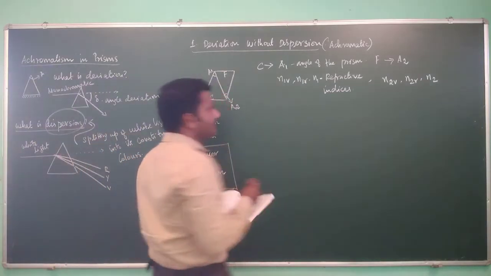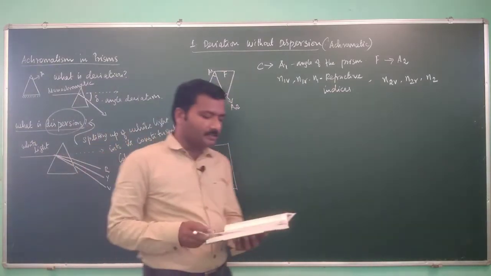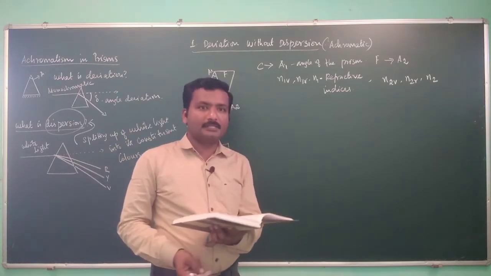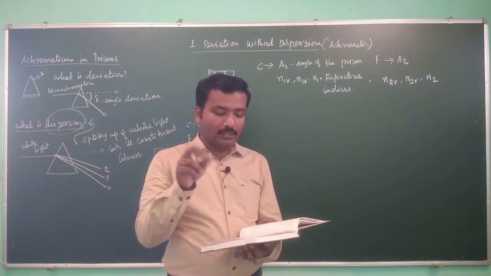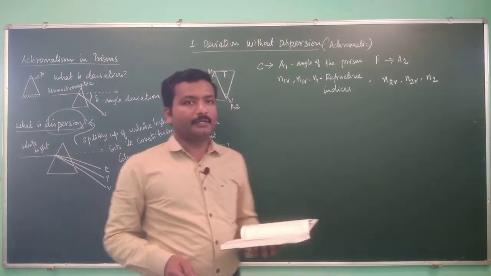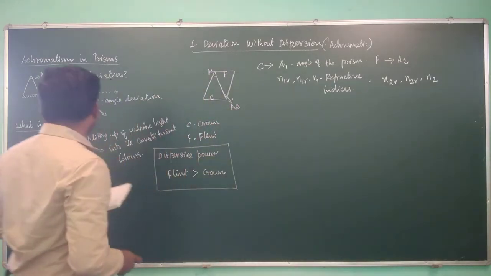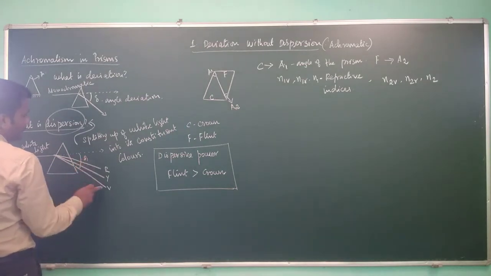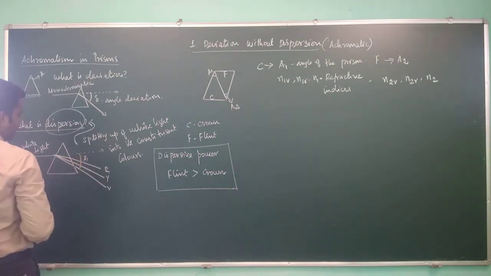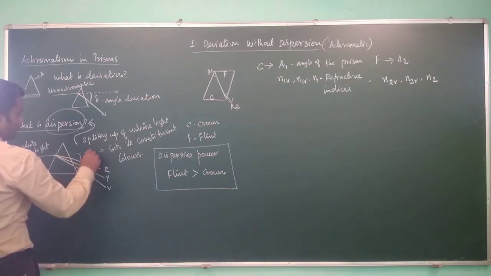Now let's recall the definition for angular dispersion. Angular dispersion is nothing but the difference in deviation of any two colors, right? You can write delta 1 for the deviation from the direct light for violet ray, and delta 2 for red ray.